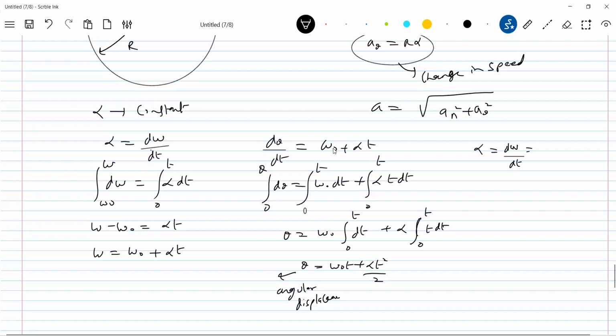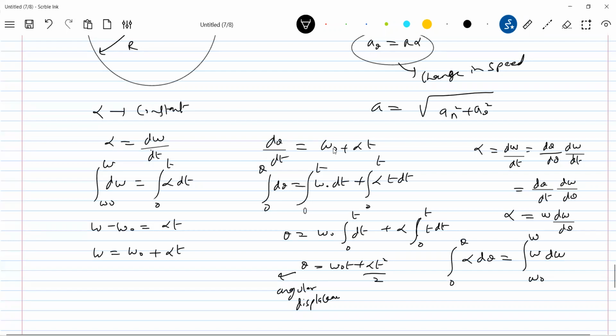You can also write it as d theta, or you can also write alpha as a function in this form. So this will become alpha d theta equals omega d omega, from 0 to theta, omega naught to omega.